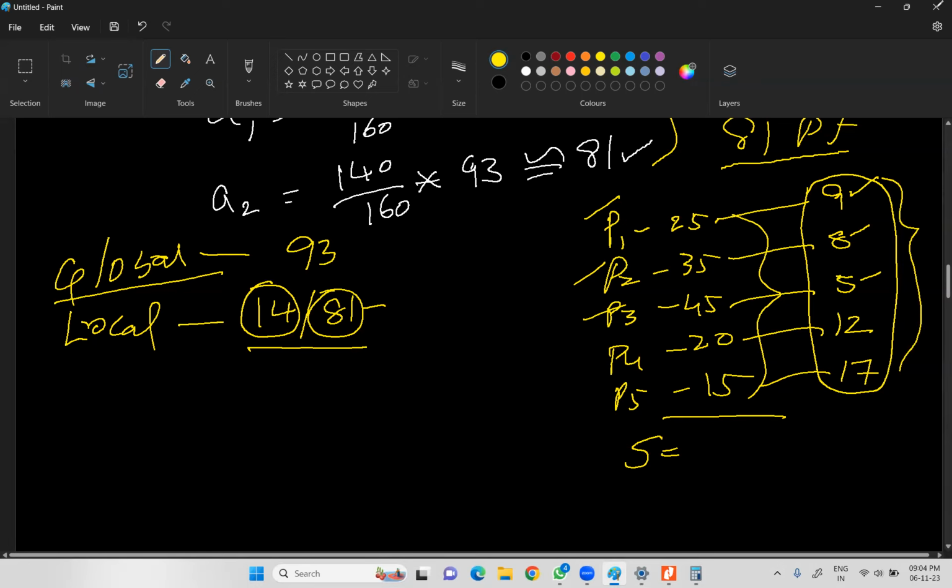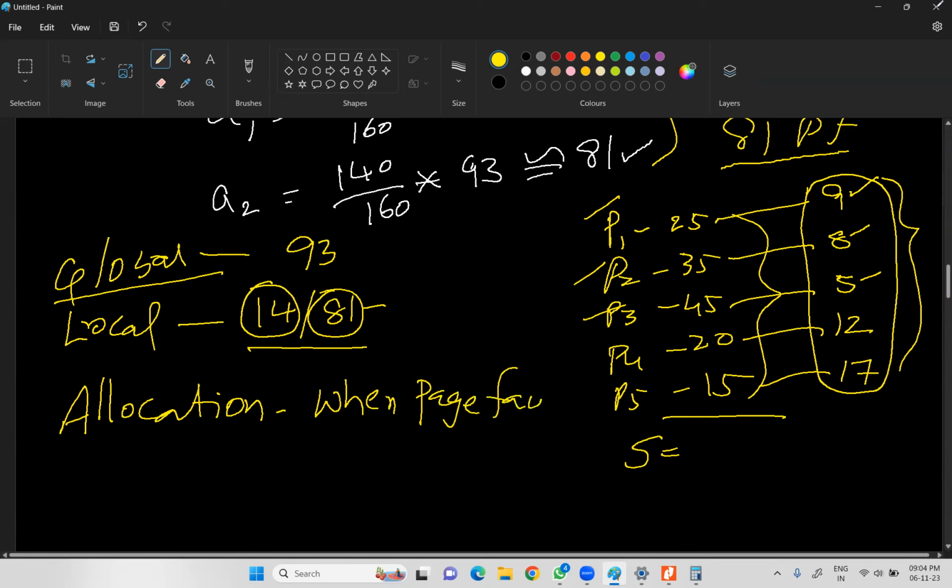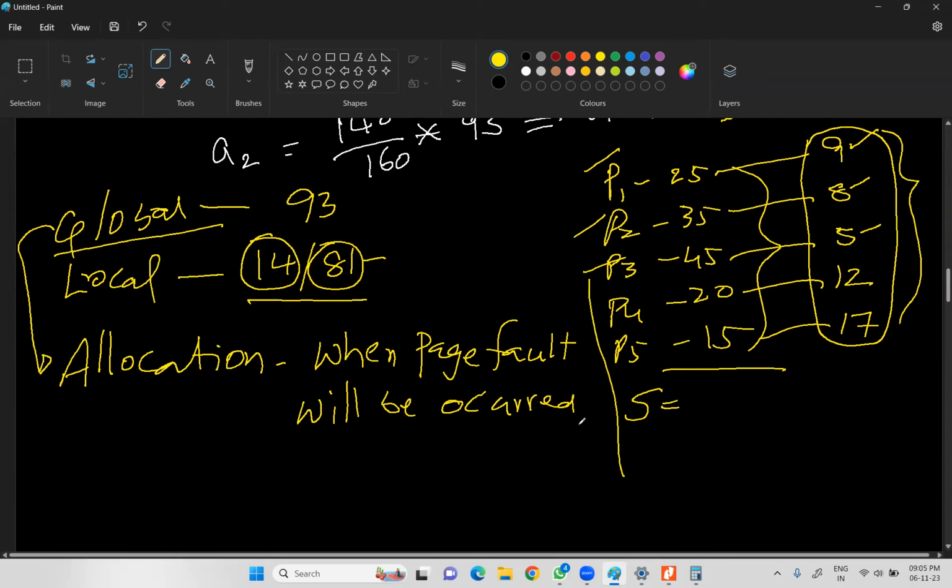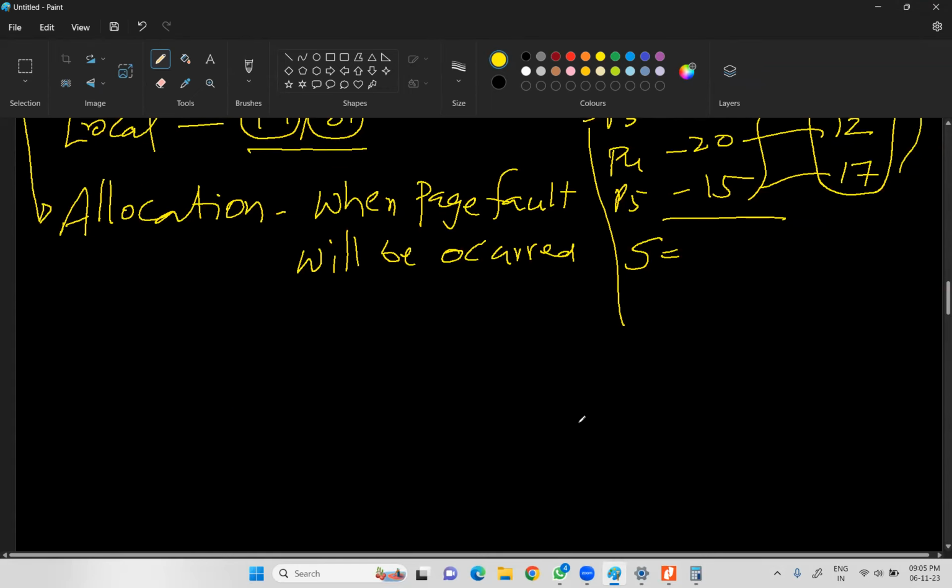Now, what do I mean by allocation here? I'm talking about global allocation. When a page fault occurs, allocation can be done based on the priority of the job.